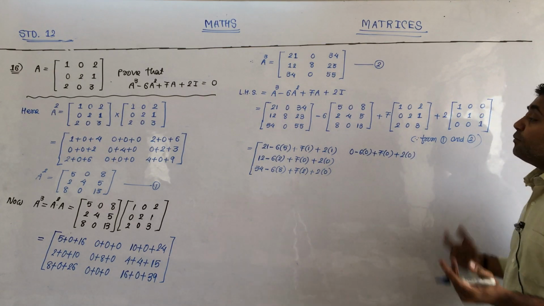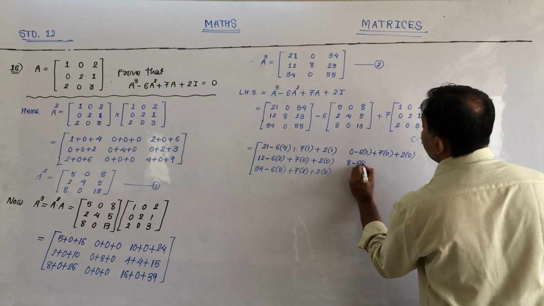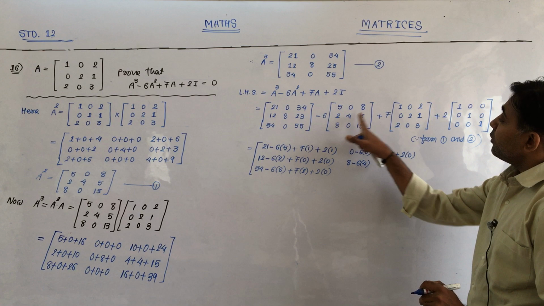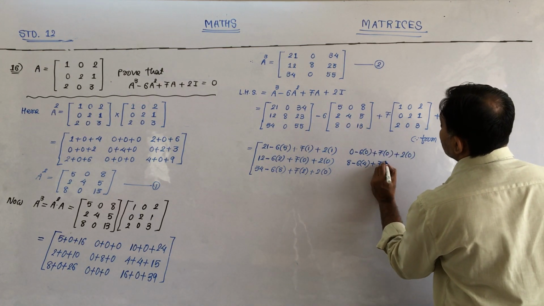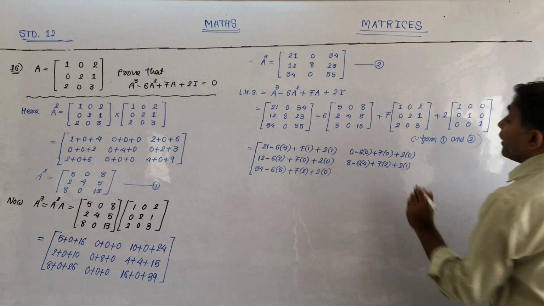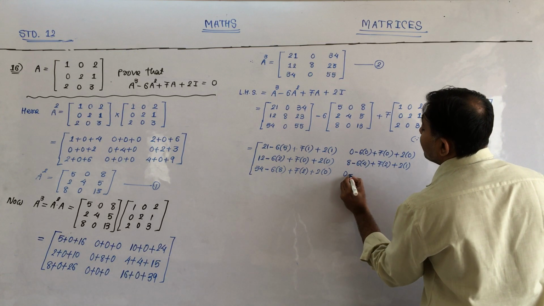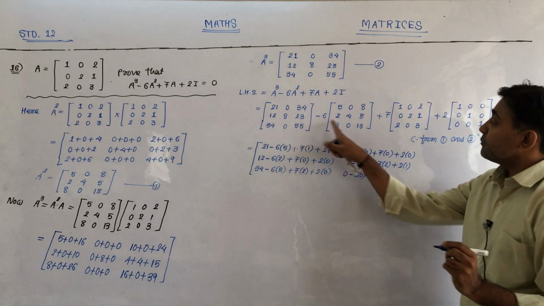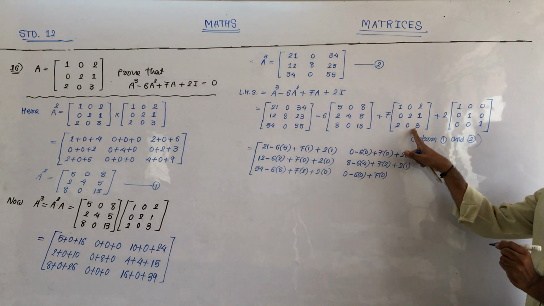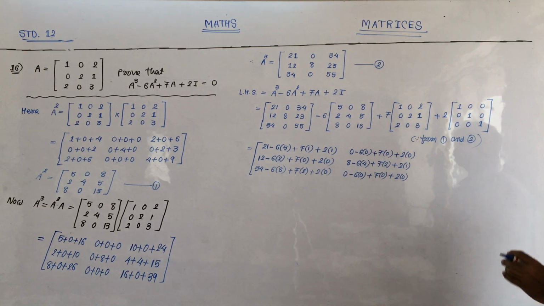I think all the values are 0 now. After that 8 minus 6 into 4, plus 7 into 2, corresponding elements just write, plus 2 into 1, right? Similarly here is 0 minus 6 into 0 once again, plus 7 into 0, corresponding element just write, plus 2 into 0. Is it clear?